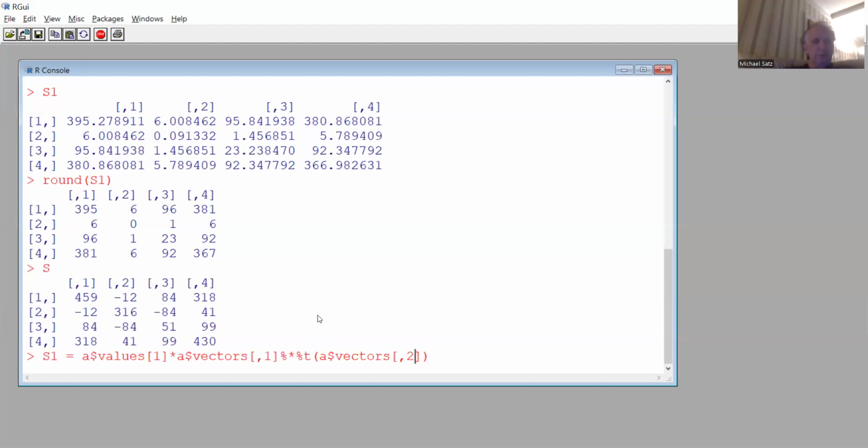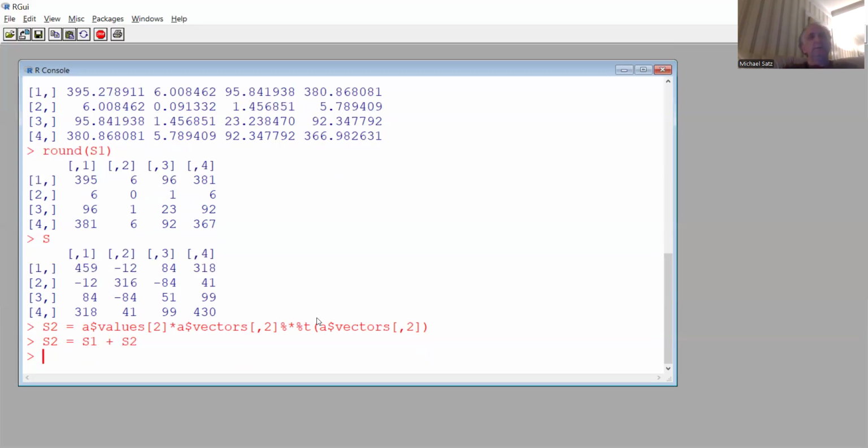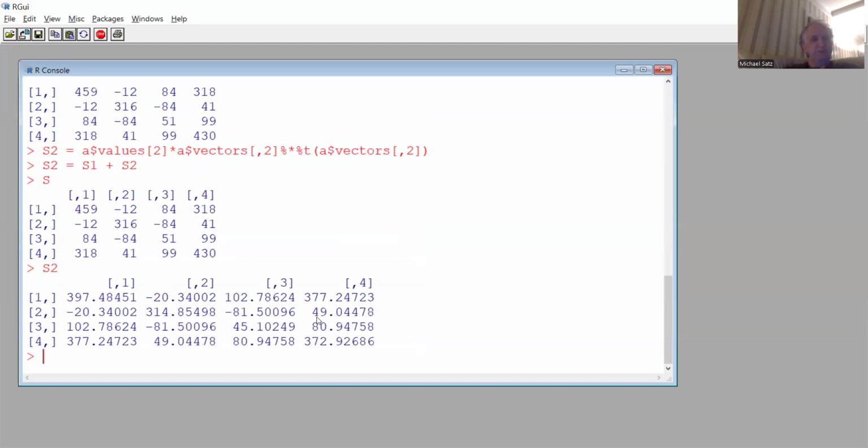So I want to put 2 in now. Let's call this S2, and then we'll overwrite it. Let S2 now equal S1 plus S2, the best rank 2 thing. Now let's look at S, the thing we're trying to approximate with S2.